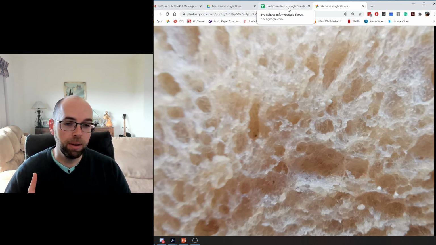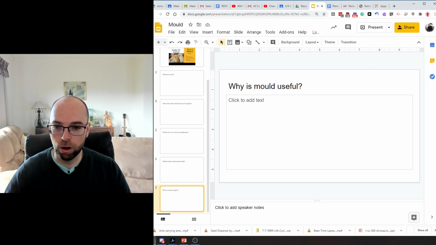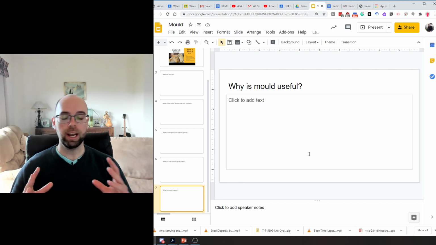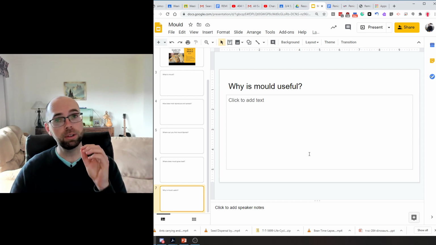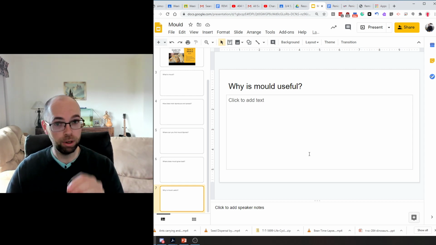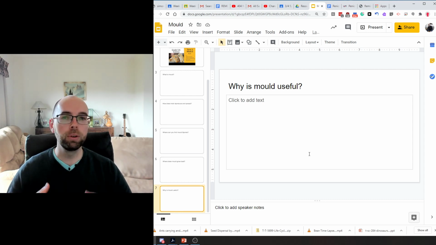Now, the main reason this bread wasn't getting very moldy was that I used bread from the supermarket, which has preservatives in it. Boys and girls, we deliberately put preservatives in food because preservatives keep the food good for longer.